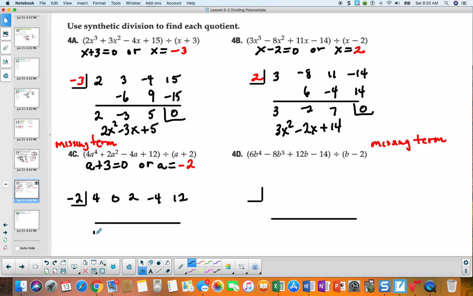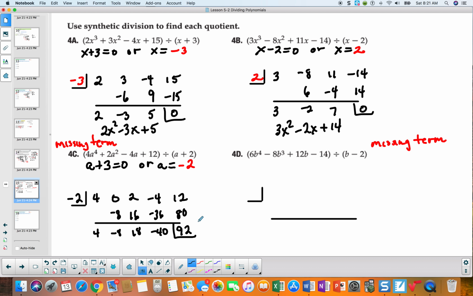Bring down, so that's 4, multiply, and so that's going to be negative 8. And then add, multiply, that's going to be 16, add, multiply, that's going to be negative 36, add, multiply, and that's going to be 80, and this is the first time I don't get a 0, so this is a remainder, 92.